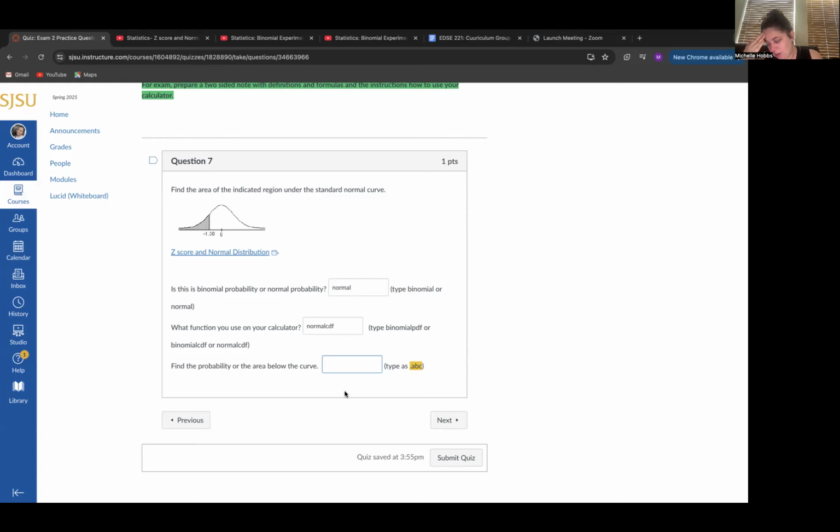I'm getting 0.0968, so rounded to four places, 0.0109.